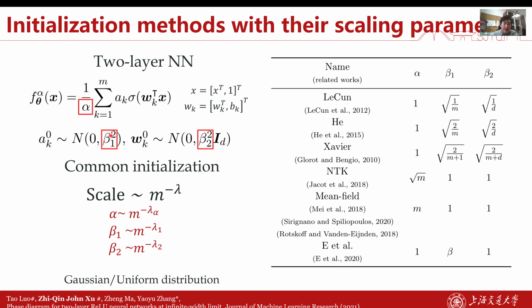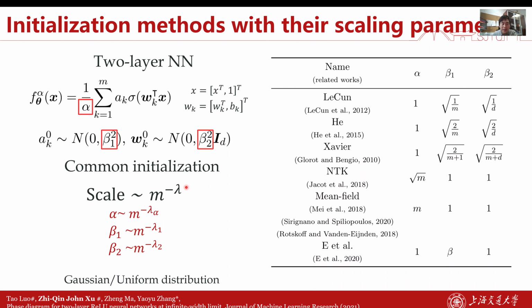Usually, the scales for alpha, A, and W take the form m to the power of minus lambda. For example, alpha, beta 1, and beta 2 can be used with different scales. In this form, we can see the usual initialization methods in theory or in practice, and this lambda is usually equal to either 0 or 0.5.